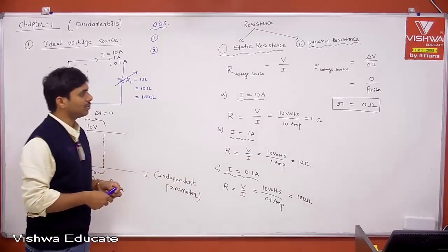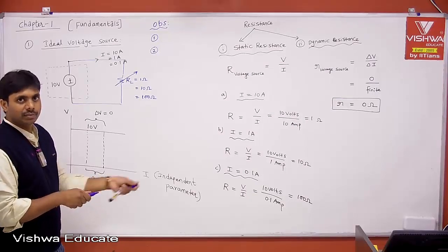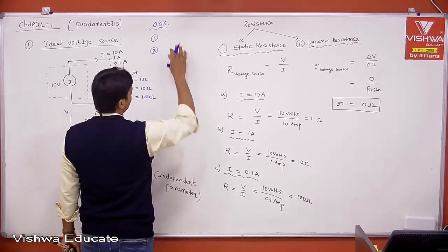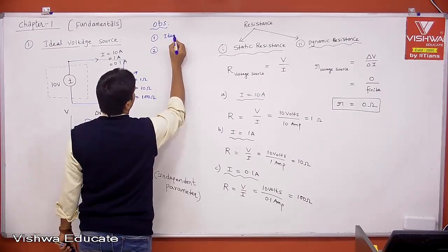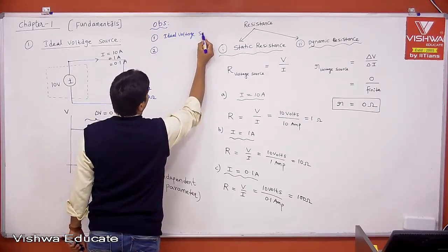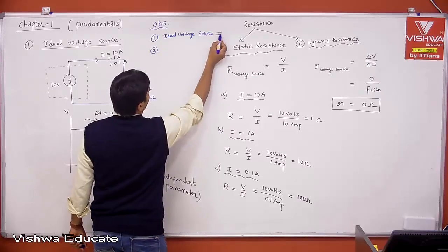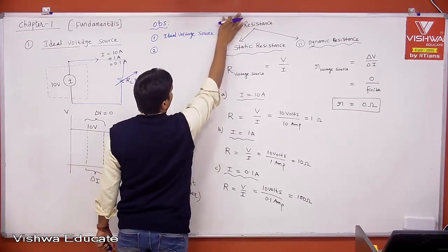Write down. Second observation, dynamic resistance. Your ideal voltage source is non-linear.